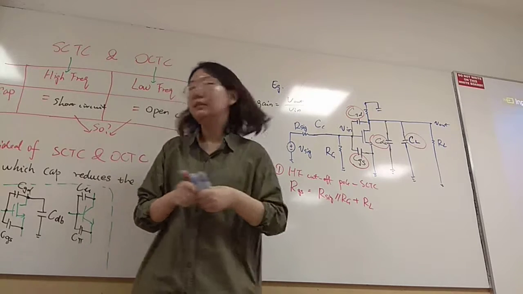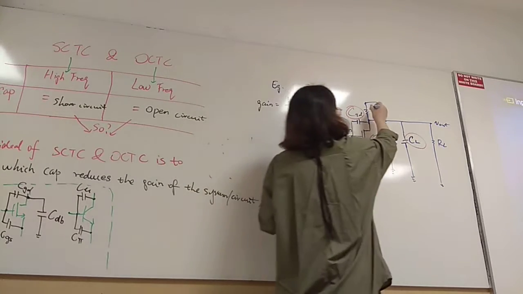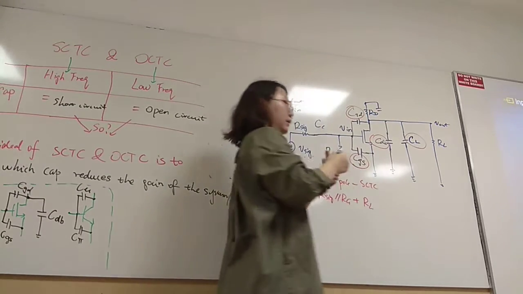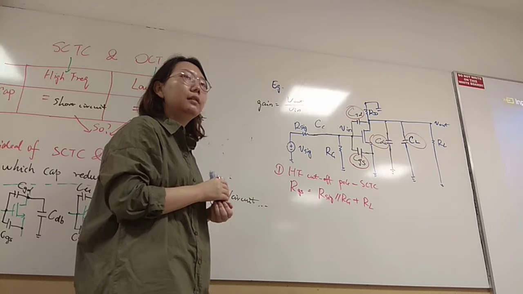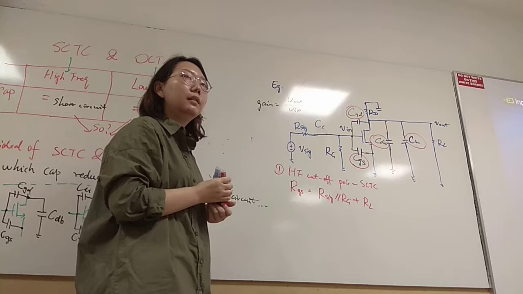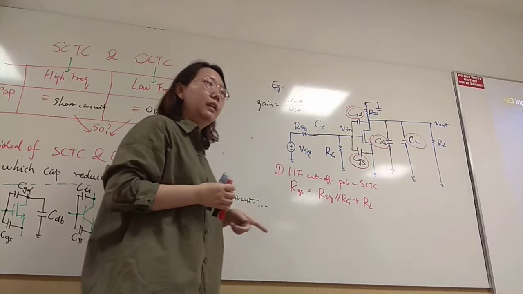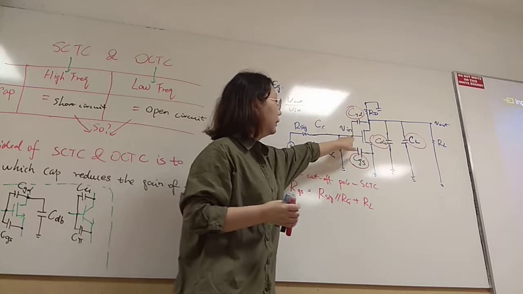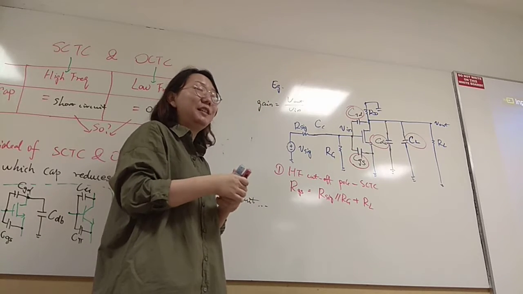Is that correct? You still have one more resistor here, RD. I asked you whether RL is parallel with RD. You tell me.